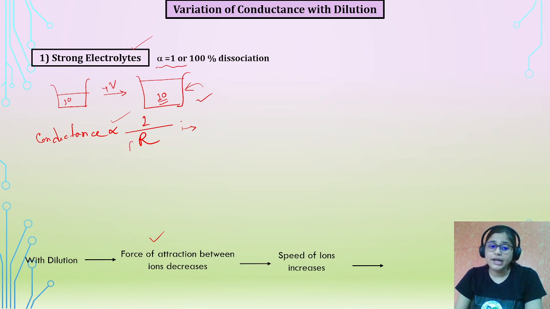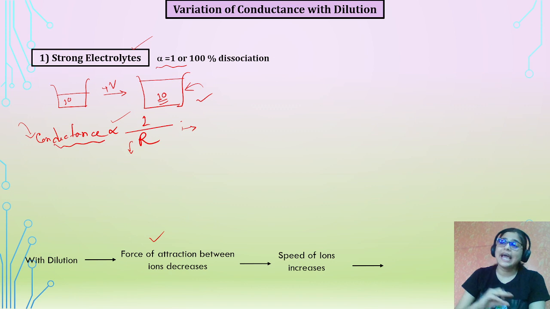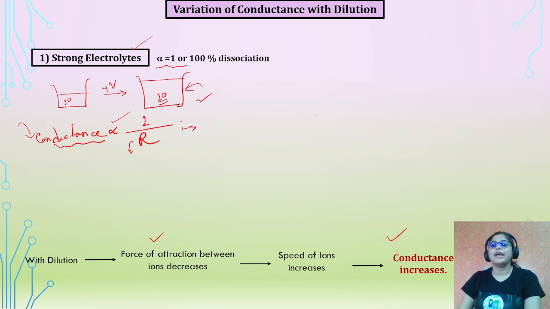R restricts the movement of electricity, and conductance, for a specific compound, is the ease of movement of ions. So when the movement of ions increases, the conductance will obviously increase. They can carry more and more charge now. So in the case of a strong electrolyte, conductance increases, because after the increase in volume, the force of attraction decreases and the speed of ions increases.